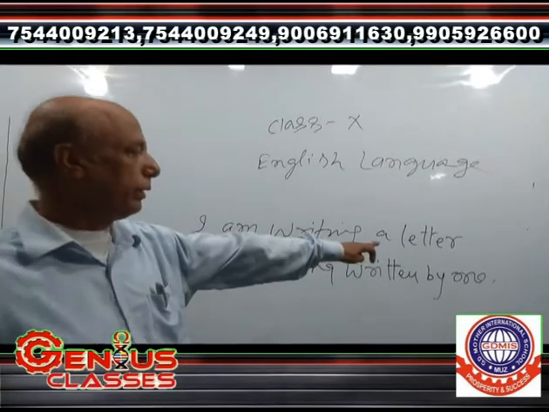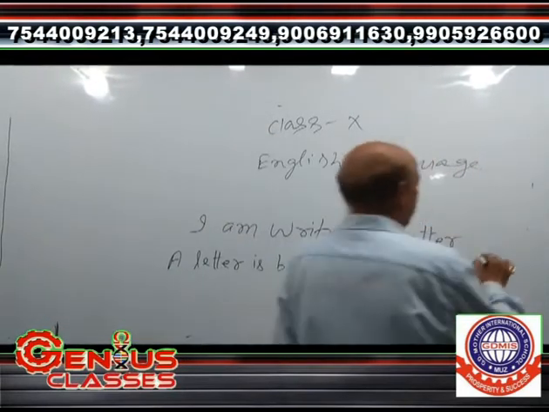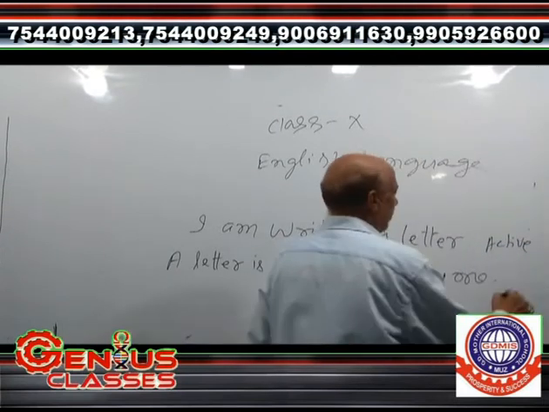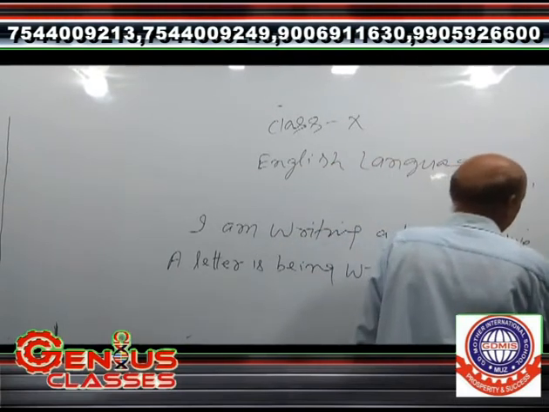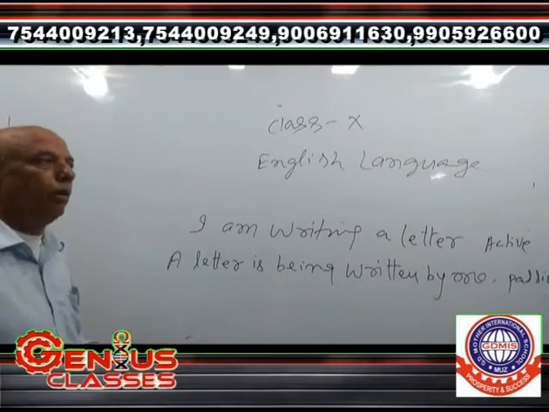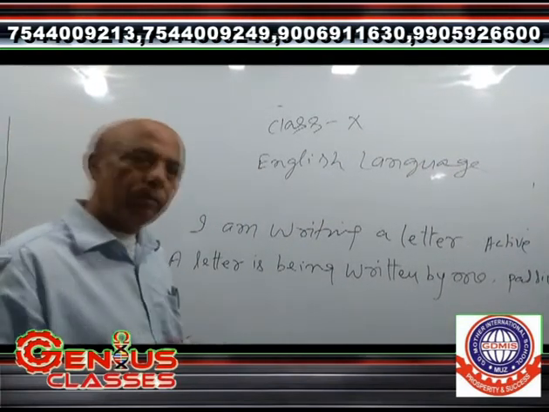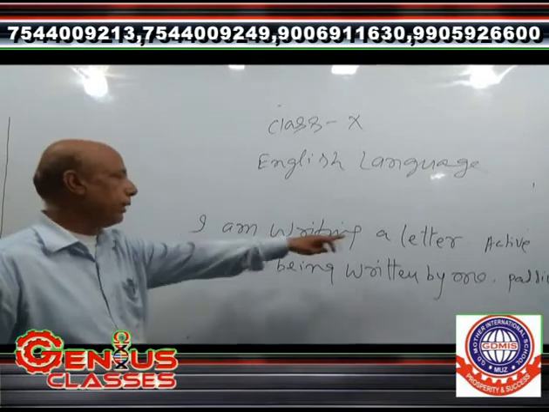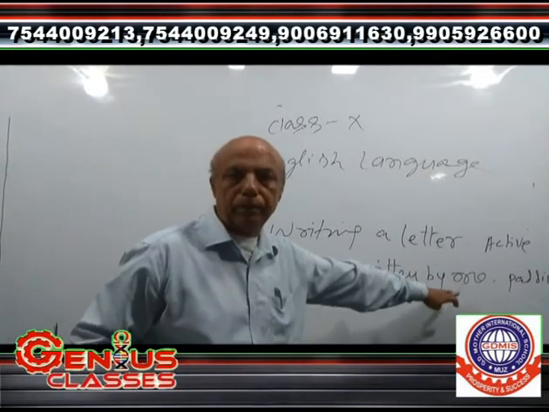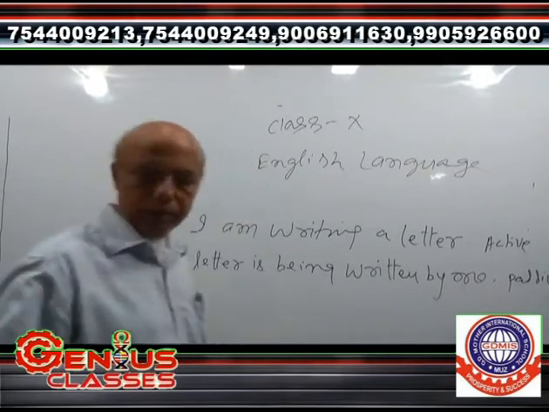I am writing a letter is in active voice. It has been made passive. How has it been made passive? By applying all the fundamental rules of verbs. I am writing a letter means a letter is being written by me. It has become passive voice.